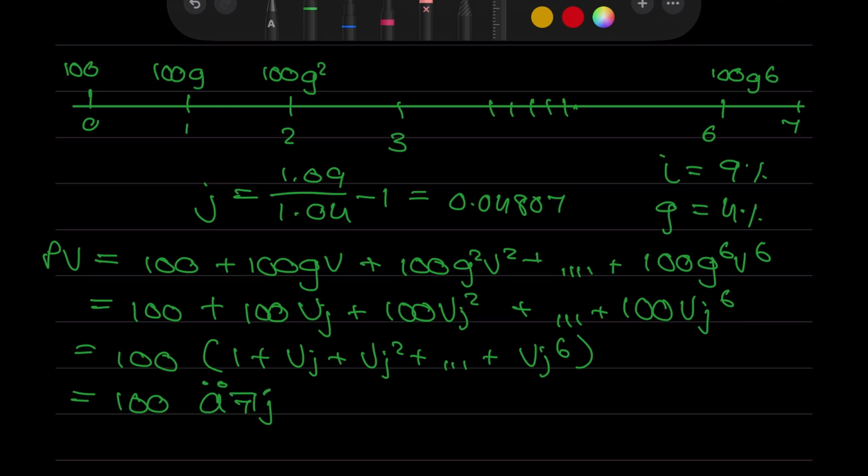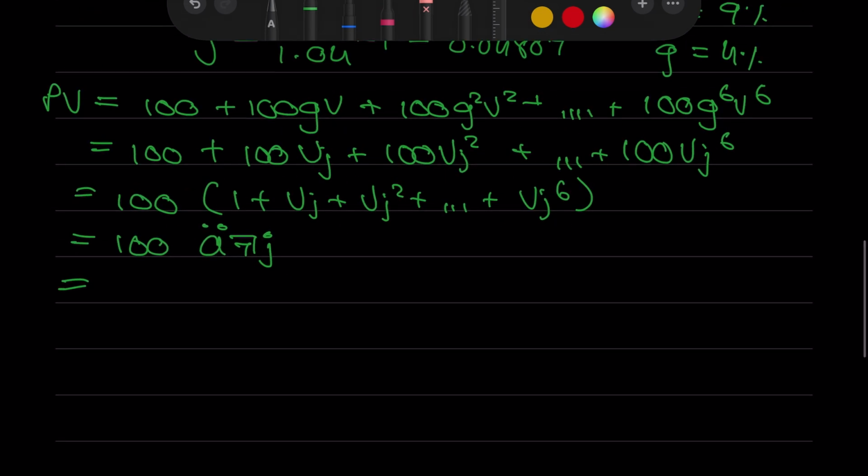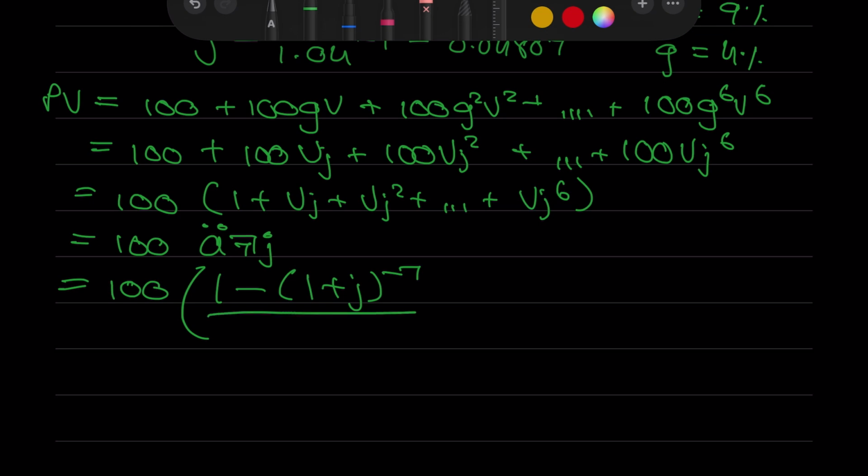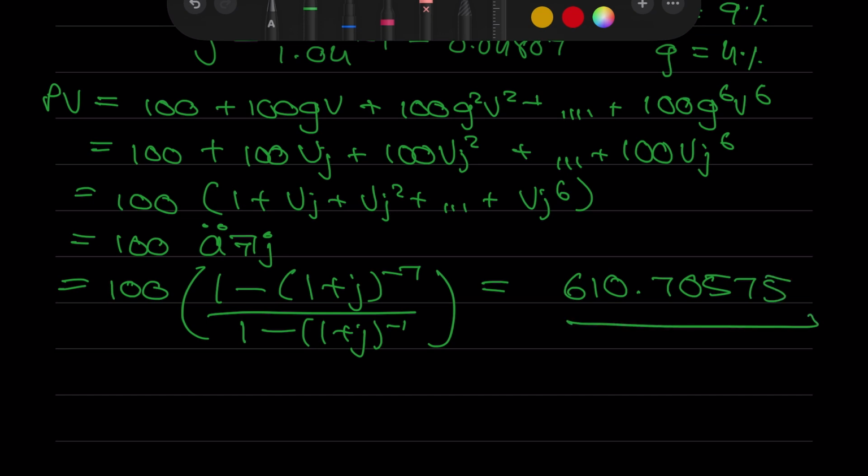And our interest rate is going to be the J. So I'm just writing J's because this number here, I'm not rewriting that. Now we'll just pop that other formula in. And when we put this into the calculator, we get, nice. So that's our answer for the first question.